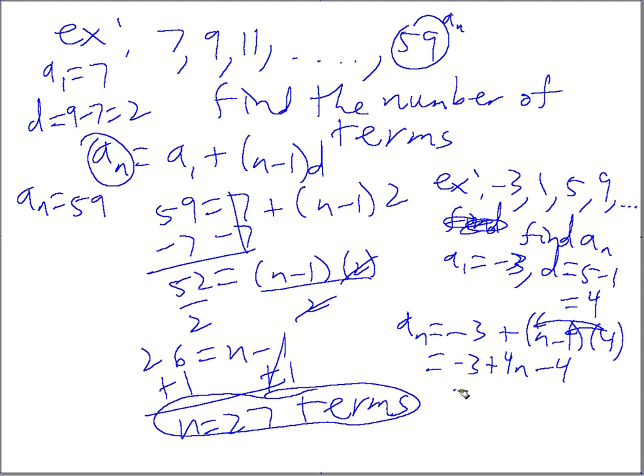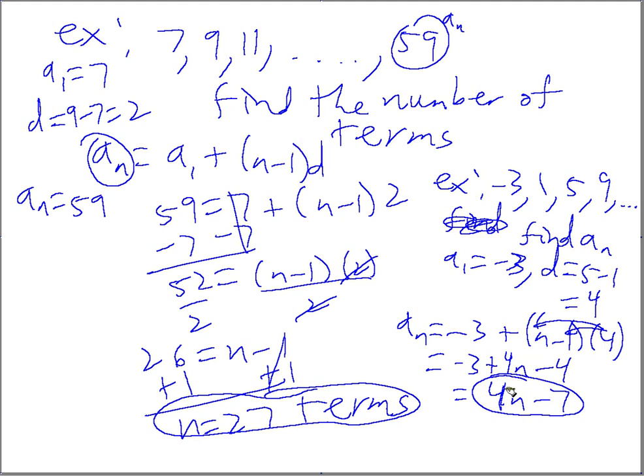So we're going to get 4n minus 7 as the formula for the nth term in this arithmetic sequence. Okay. So we can use the formula for finding the number of terms in a finite sequence and also for finding the general formula for the nth term.